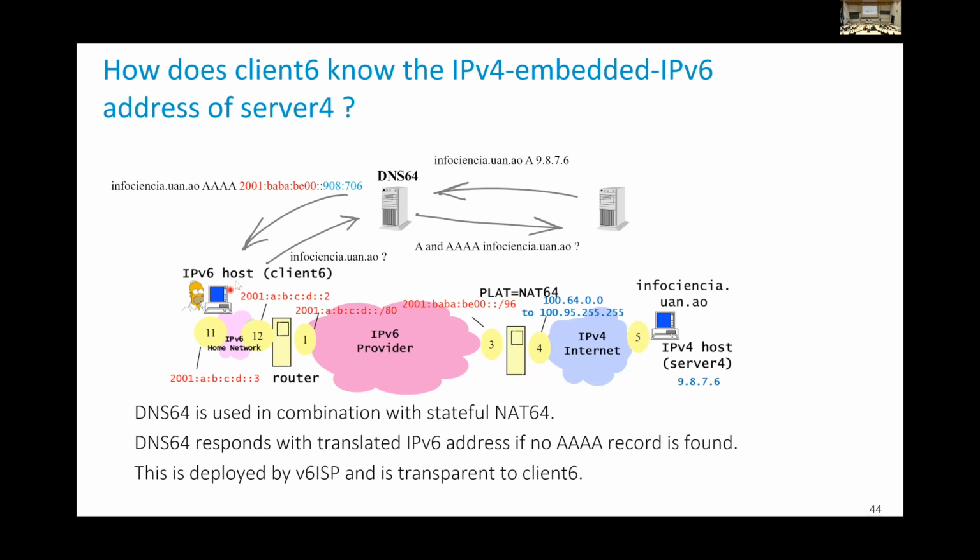And whenever this client asks for it, it will get something that looks like a native IPv6 address, but is not. So this is typically deployed by this ISP and is transparent to client 6. So those technologies, the NAT64 and the DNS64, make a complete solution to interworking IPv6 with legacy IPv4.